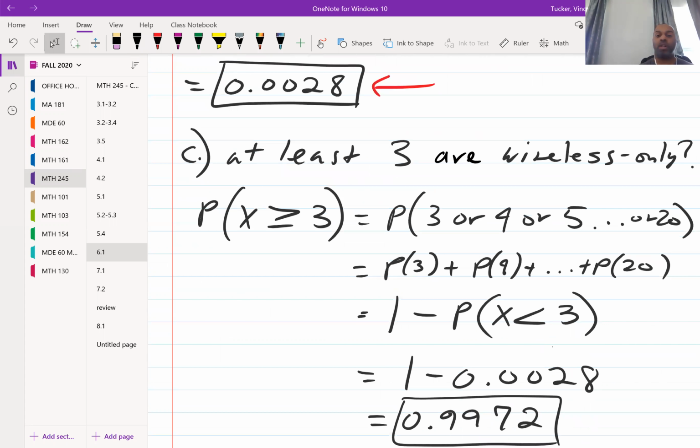Remember your complement rule. We know the probability of being less than 3. So if I want the probability of being 3 or greater, I can subtract the probability of being less than 3 from 1, and that will give me everything else. If you didn't have that, then you would have to find each one individually, just like we did the previous one. Or, like I said before, use a website or calculator app in order to find it all. And once again, next class we'll probably take some time out and see how we can do that.